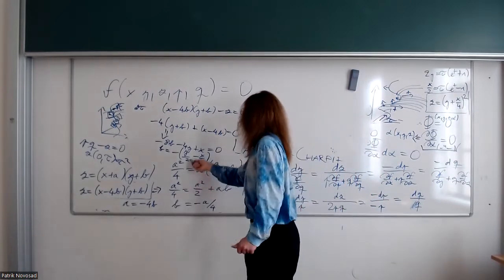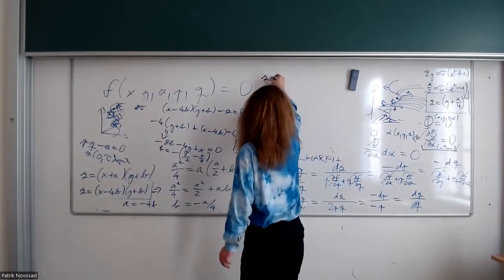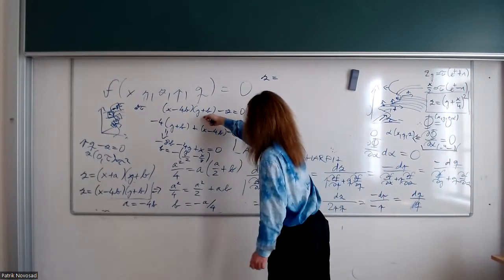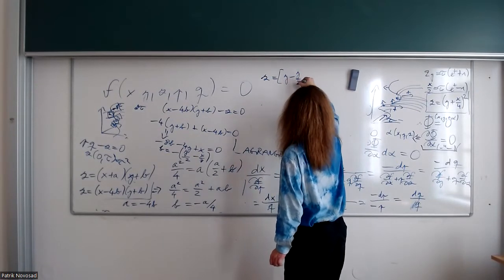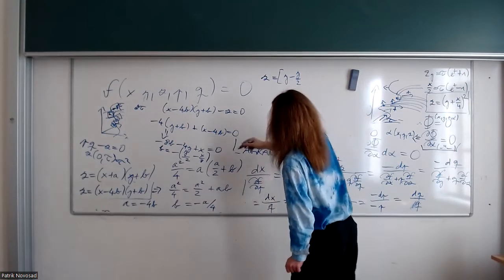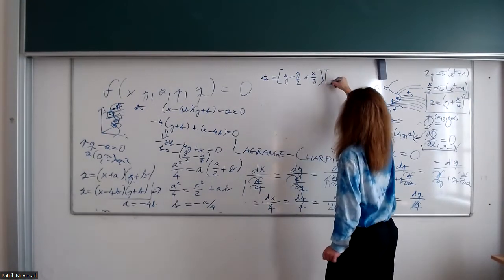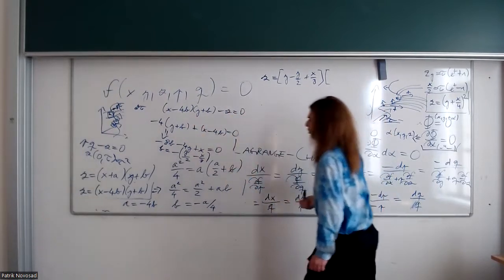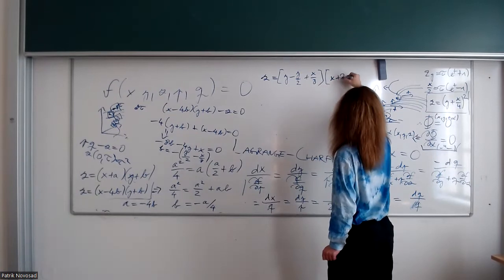Now we just need to plug in the b into this. So we have z equals y plus b, which is y minus y half plus x over 8, times x minus 4b, which is x plus 2y.